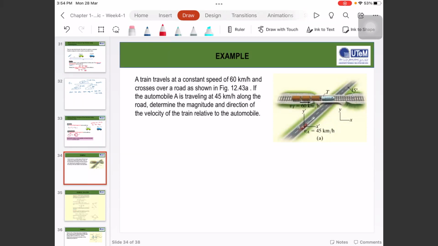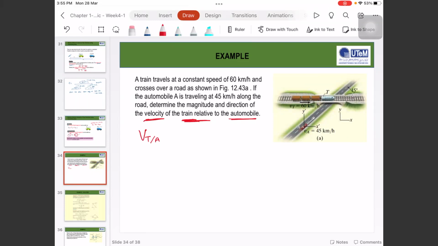If car A is traveling at 45 km per hour, determine the magnitude and direction of velocity of the train relative to automobile. So what is velocity of train with respect to automobile? Macam tu cara tulis.